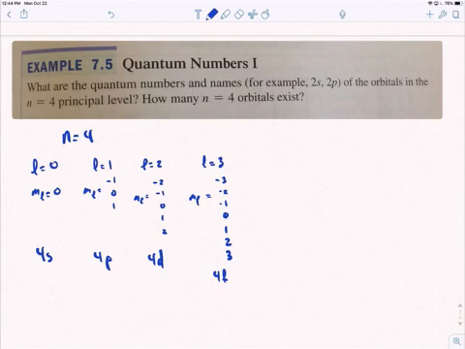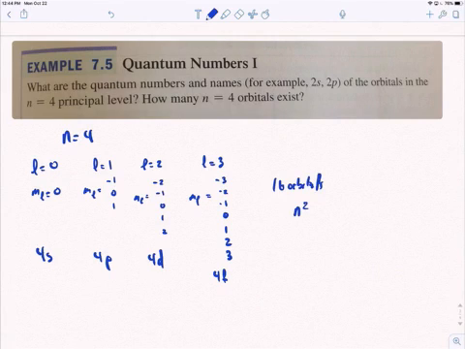There are 1, 2, 3, 4, 5, 6, 7, 8, 9, 10, 11, 12, 13, 14, 15, 16. So 16 orbitals, which also equals n squared. That's always true. The number of orbitals is always n squared.